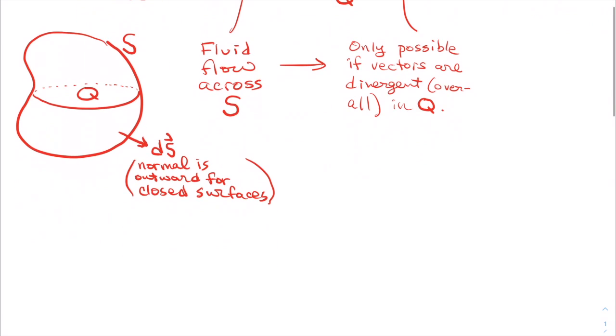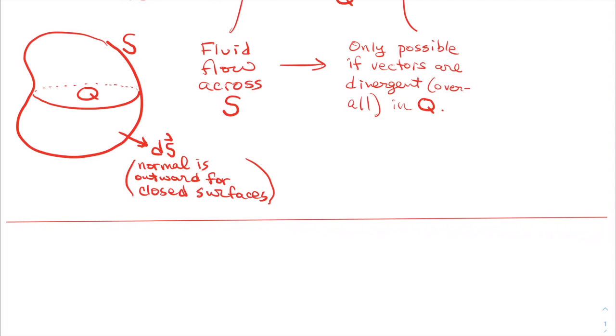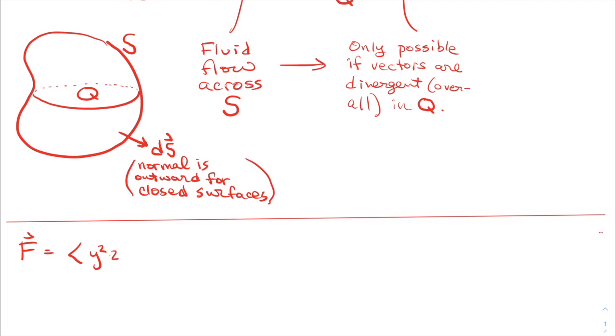Okay, so the first example we want to do is a vector field F, and it's going to have components y squared z to the third, comma 2yz, comma 4z squared.